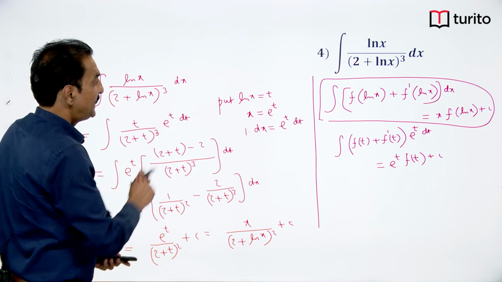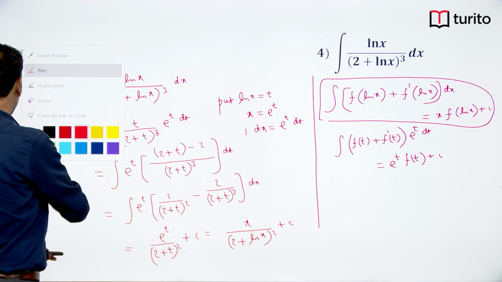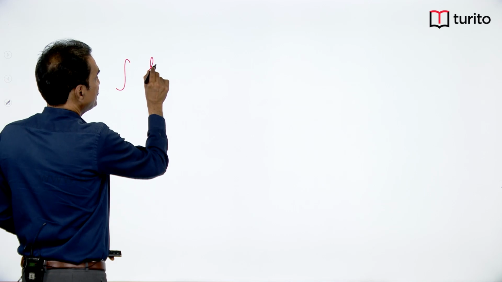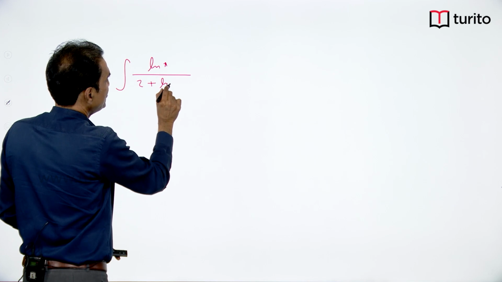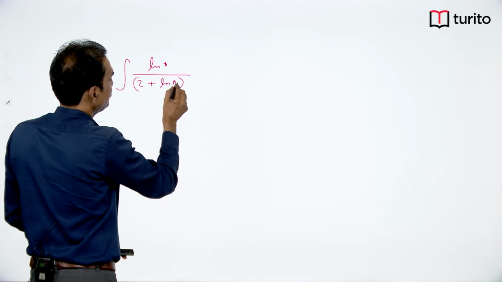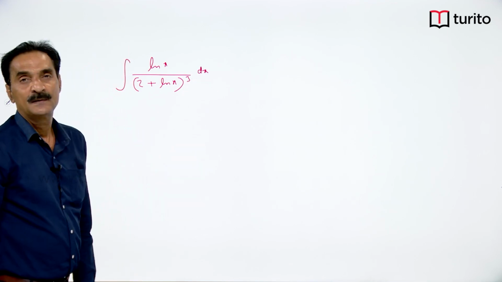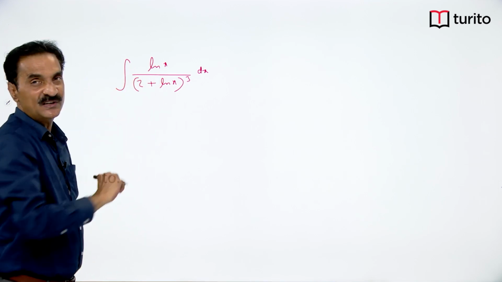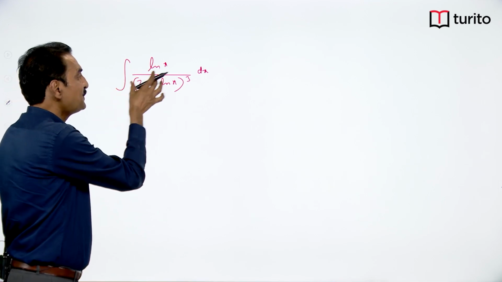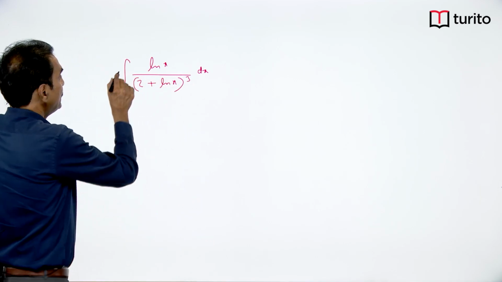Now, by using this formula, the given question is integral ln x by 2 plus ln x whole cube dx. Then, since the whole function is in terms of ln x, directly we will split it as f of ln x plus f dash ln x. How?